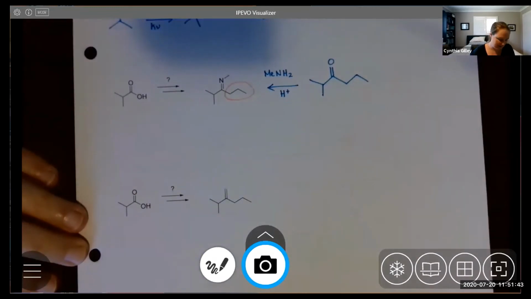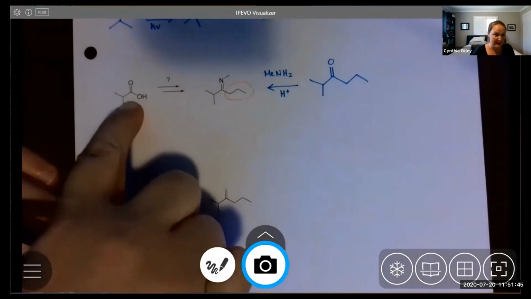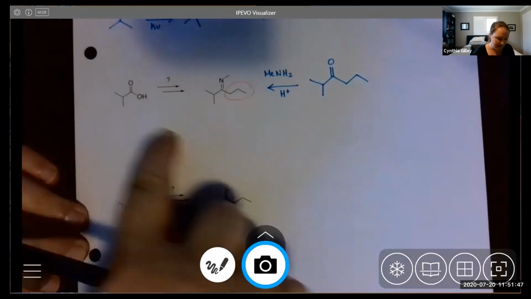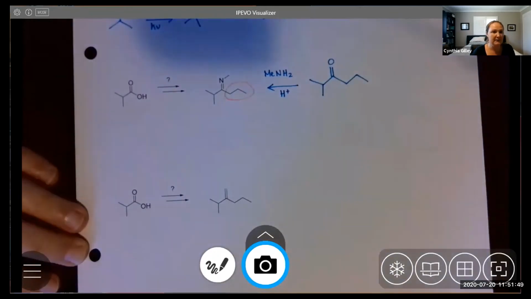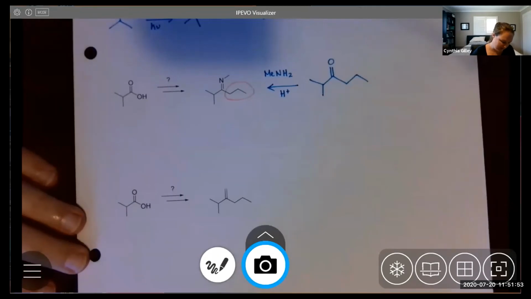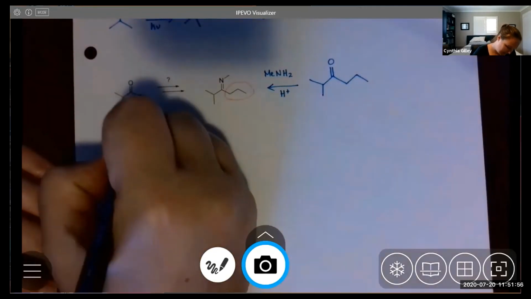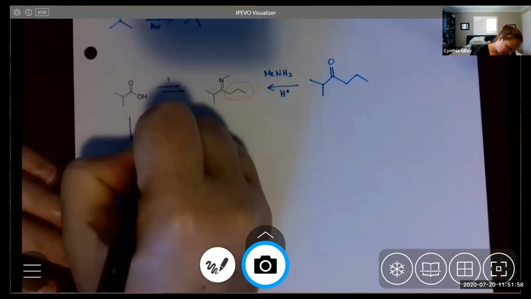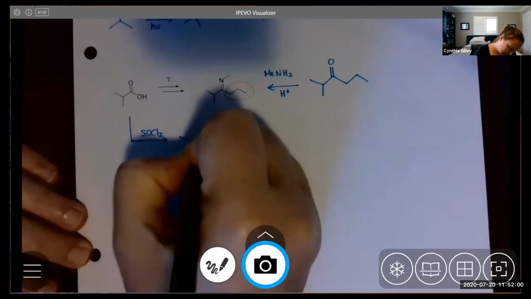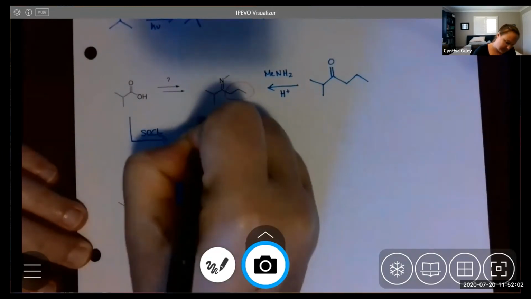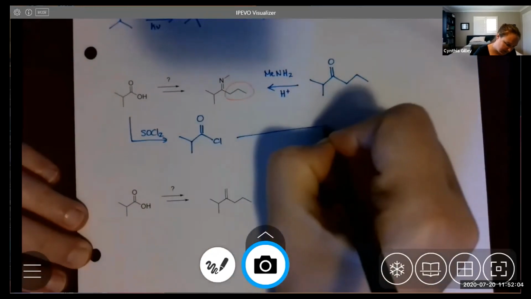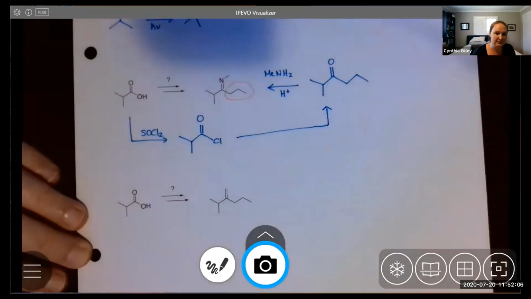So we're really thinking about how to go from the carboxylic acid to the ketone where we've added some carbons. There are probably multiple ways you could do this, but my first thought would be to convert to an acid chloride. And from an acid chloride, we could use the Gilman reagent.